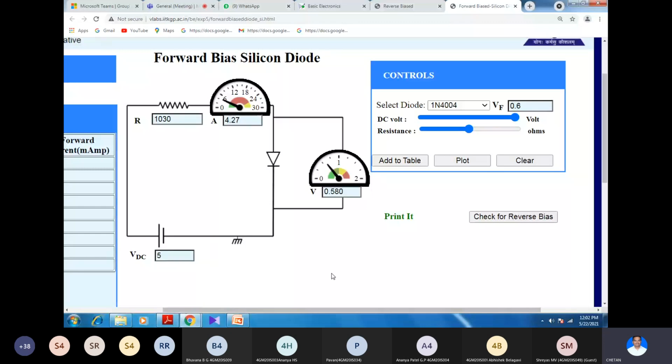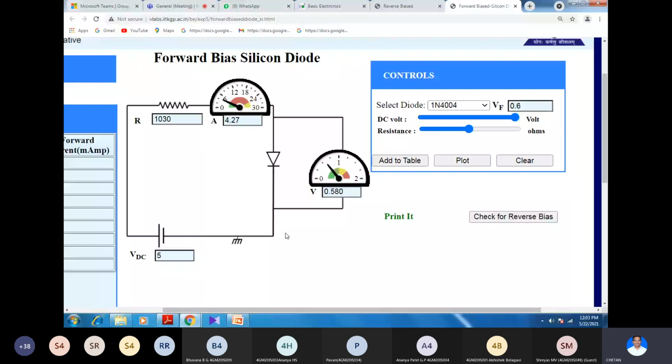You can do this procedure for different diodes, and you can check how the diode responds in forward bias condition, and also how the forward characteristics of the diode indicate the behavior of the diode.